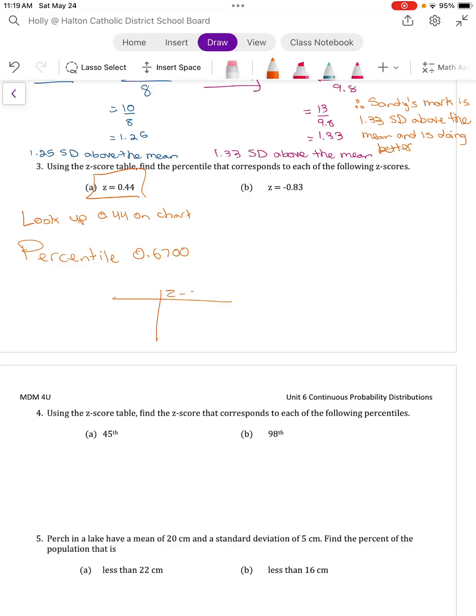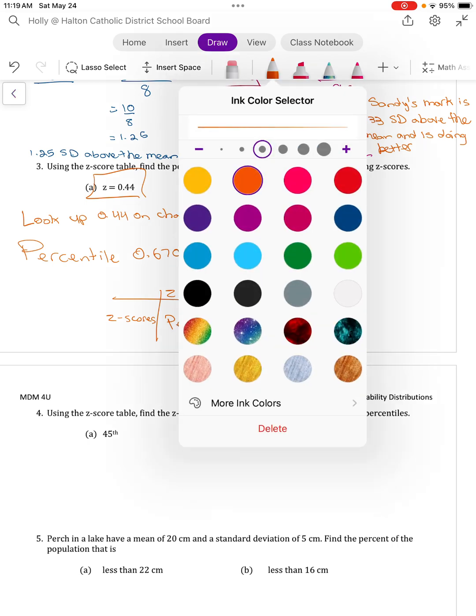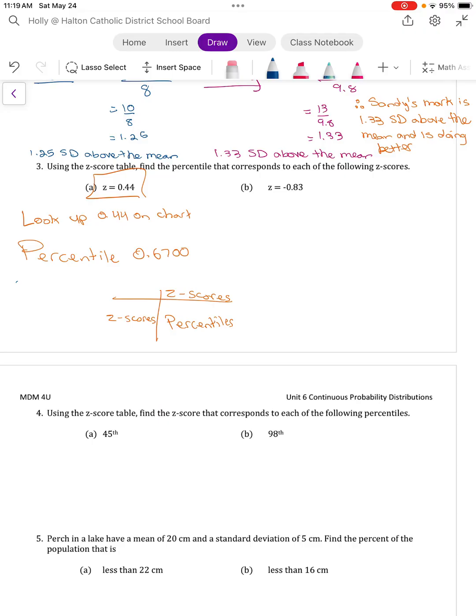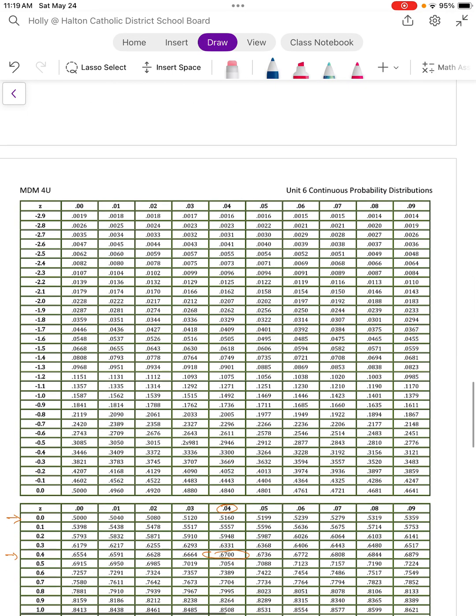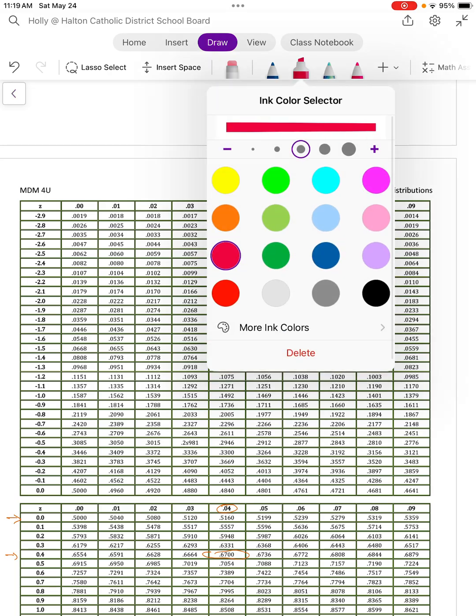So a reminder, this is your chart. You have Z-scores along the top. You have Z-scores along the side. So you look at the first decimal. If you have a second decimal, look at the top. And then in the middle will be your percentiles. So you're going to do the same thing now, negative 0.83. So I'm just going to take out my highlighter.